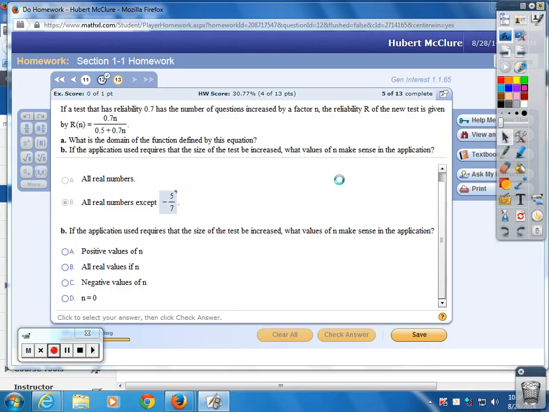All right, B. If the application used requires that the size of the test be increased, what value of n makes sense in the application? Positive values, all real values, negative values, n is equal to 0.